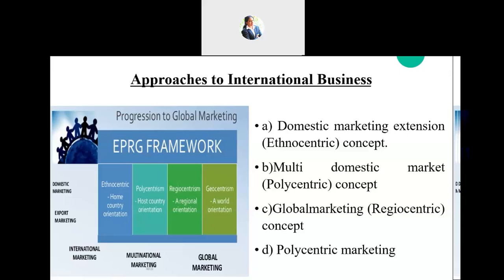Moving forward, we were speaking about the EPRG framework. Now, this framework has its own advantages and its own disadvantages. Speaking about its advantages or merits, the EPRG framework is less expensive as no cost or efforts are required for the adoption of the products.